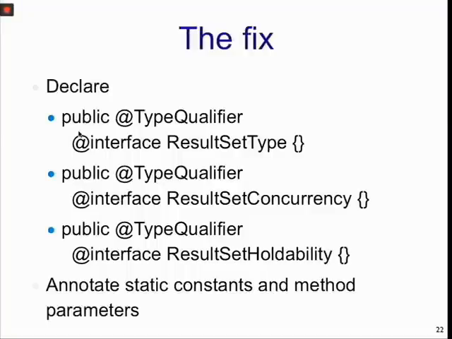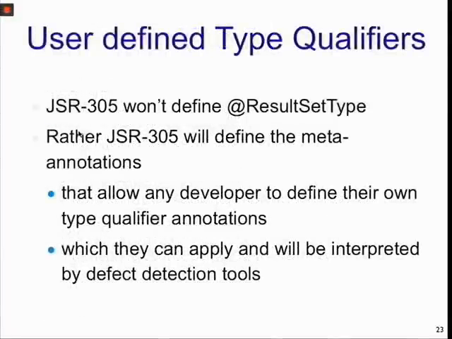And if you try to pass things in the wrong order, we'll want the tool to generate an error. Okay? And one of the important things is that 305 isn't going to declare a ResultSetType. It's not within our scope, right? Rather, we're going to define the meta-annotation TypeQualifier, which will allow anybody to define their own type qualifiers, which can then be interpreted by the tools.